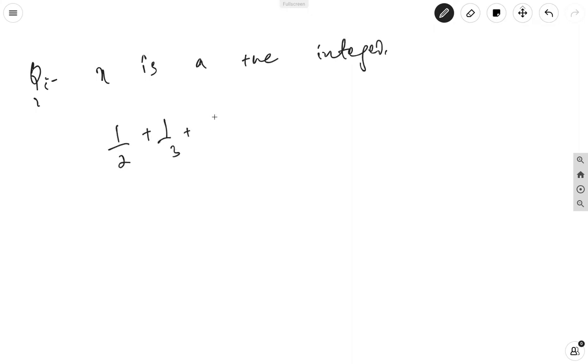There's a similar type of question. Let's suppose we are given that x is a positive integer. And the question is 1 over 2 plus 1 over 3 plus 1 over 5 plus 1 over 7 plus 1 over 11 is equal to x over 2 into 3 into 5 into 7 into 11.